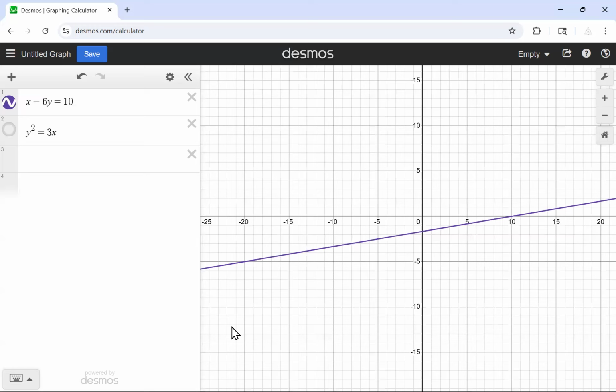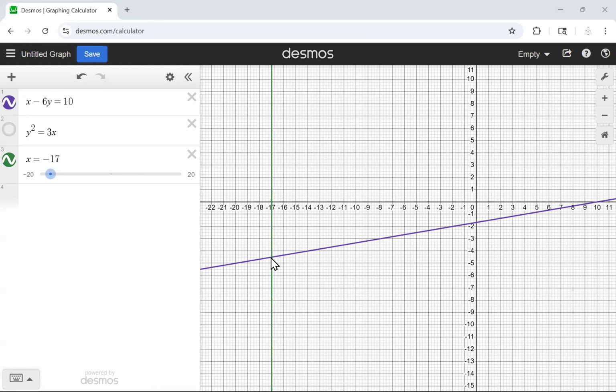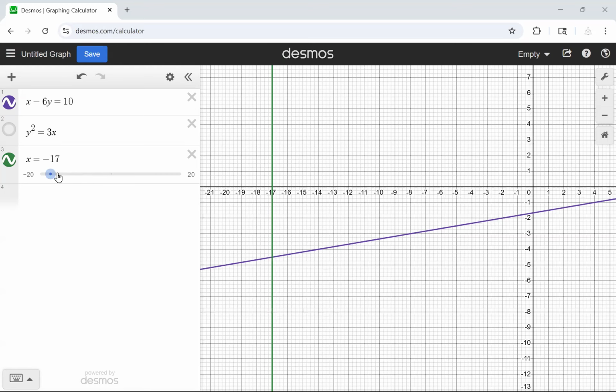Let me restate this. At every vertical line here, we only pass through the graph one time. If I drew a vertical line, my vertical line only crosses this graph at one spot, and every vertical line has that property.